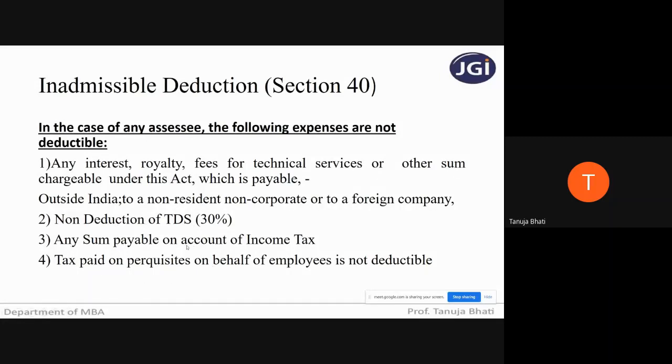Next, any sum payable on account of income tax. Suppose you're paying income tax and showing it on the debit side of your P&L account, such an expense will not be allowed. What is the reason for disallowance of income tax? Because you're paying income tax on the total income of the SSE. Not only the income from your business and profession, income tax is calculated on your income from salaries, house property, capital gains, and income from other sources.